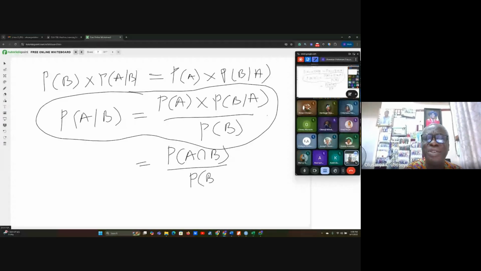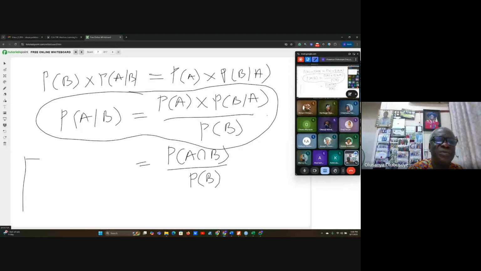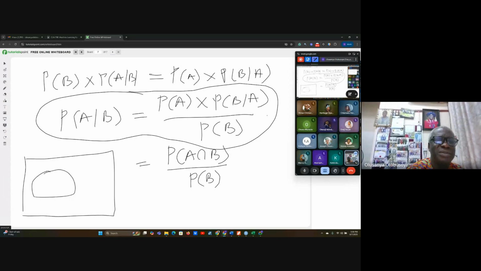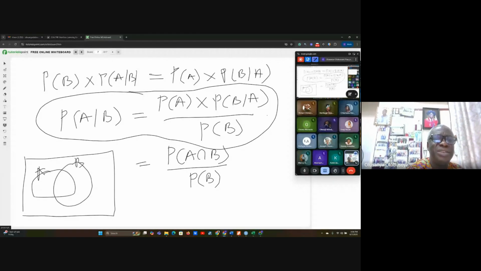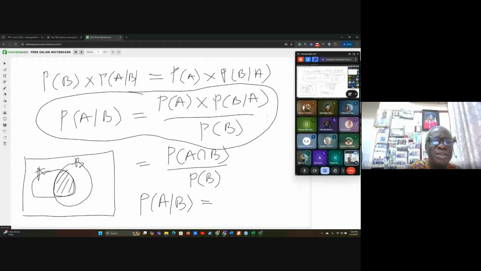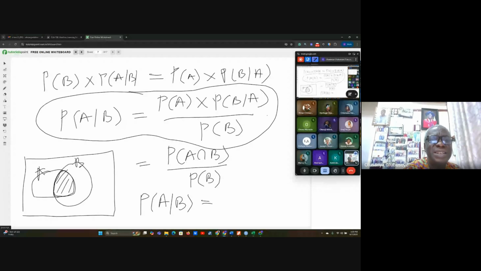probability of B. Which means when you have this Venn diagram, and this is A, this is B, and this is the intersection, then if you are interested in the probability of A given B, you are looking for this part of A that is in B. That's what this is saying.